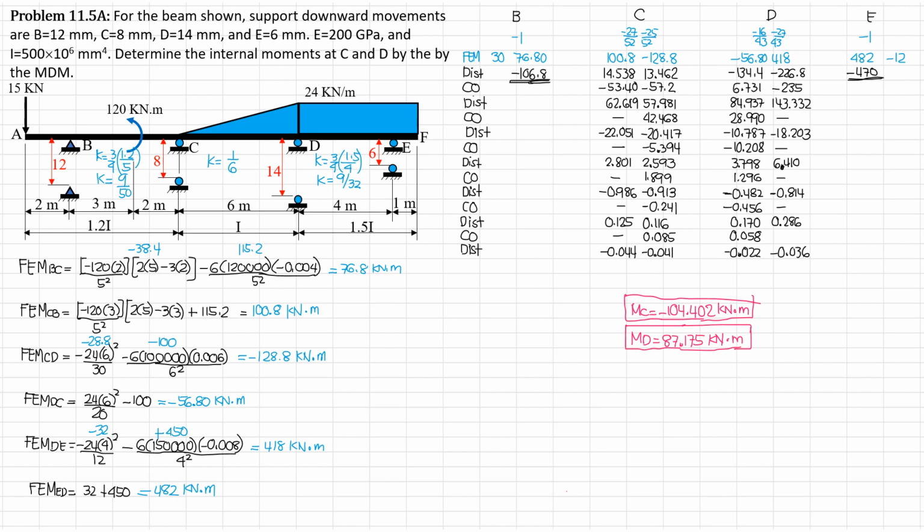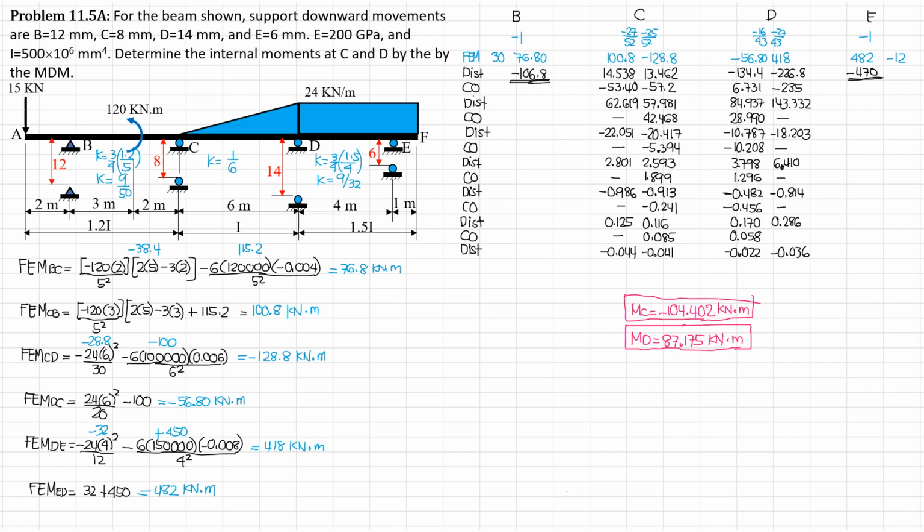Here is problem 11.5a, previously solved in 9.5a by the three-moment equations. In there, I solved it in more detail, like the support reactions.